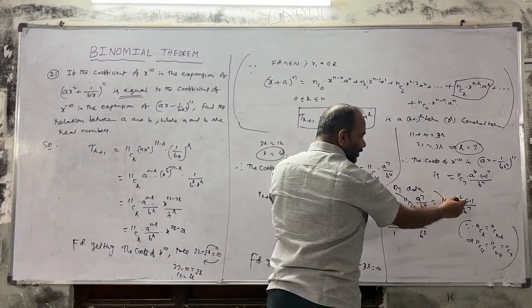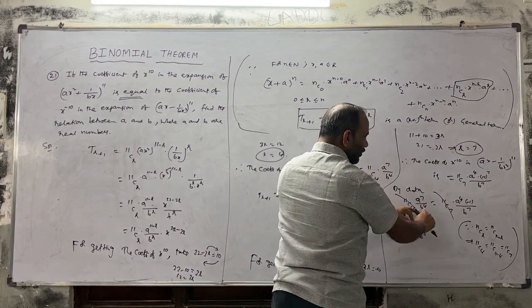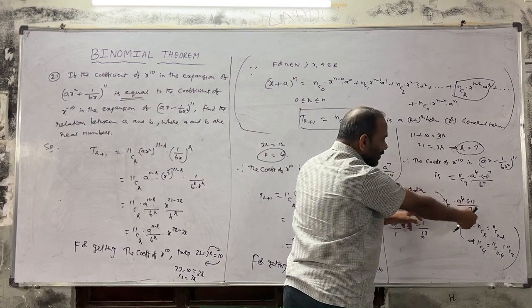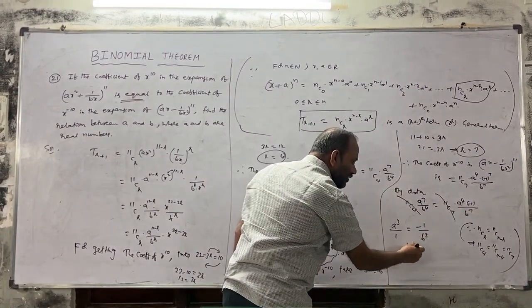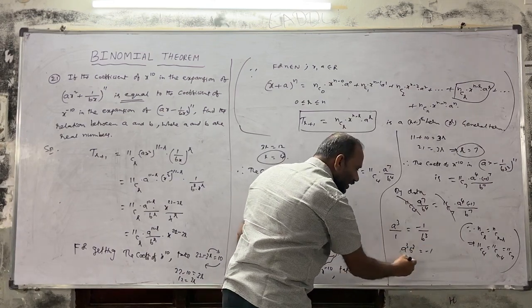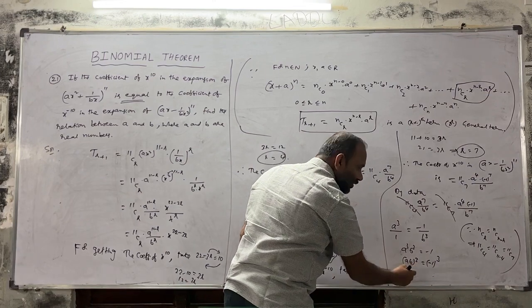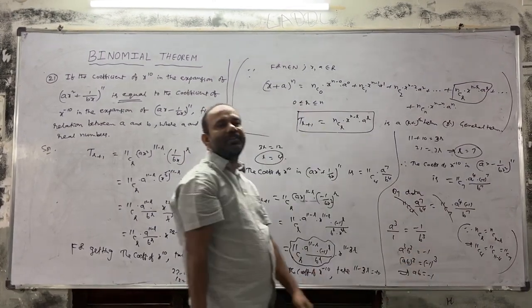Here a power 7 by a power 4 leaves a cube, and b power 7 is b power 4 into b cube, so b power 4 cancels. Now cross multiply: a cube into b cube equal to minus 1, that is (ab) whole cube equal to (minus 1) whole cube. The powers are equal, so the bases are also equal. So ab value is minus 1.